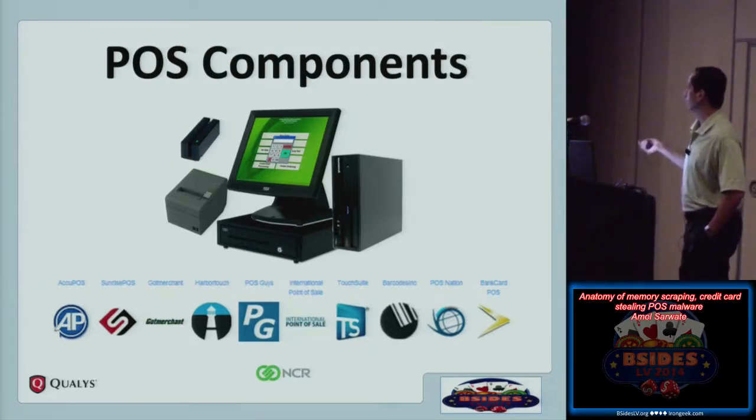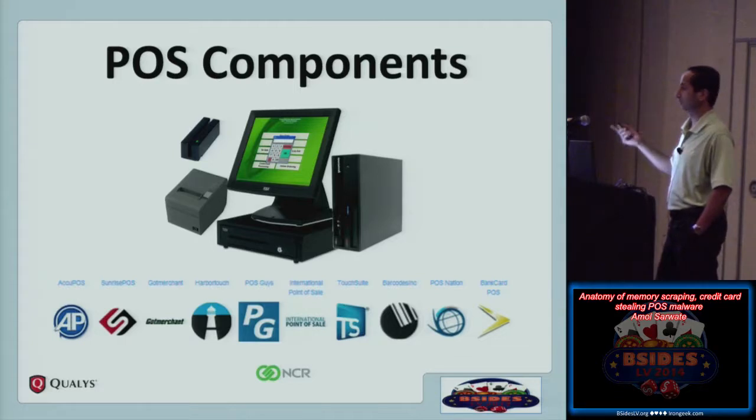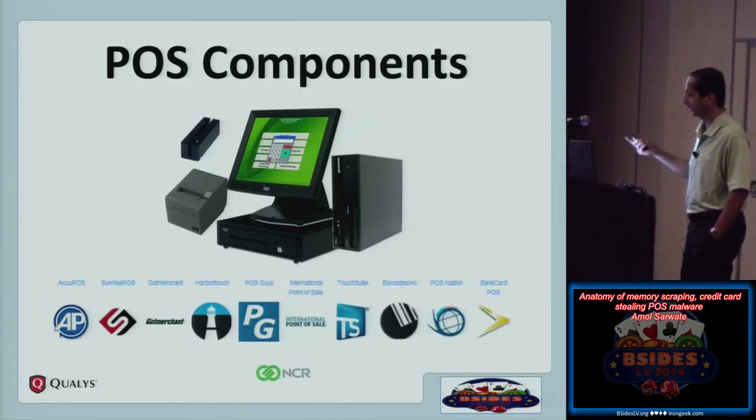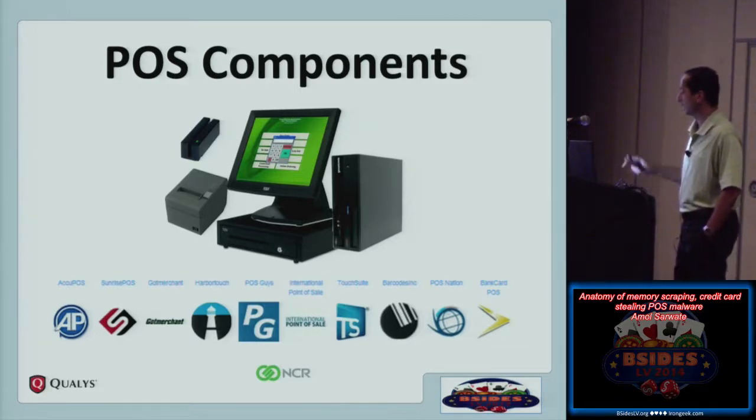There is usually a touchscreen display where the cashier enters the amount or the things that you have bought. There is a printer, but most importantly a credit card reader and some sort of a central processing unit, which has your POS software.